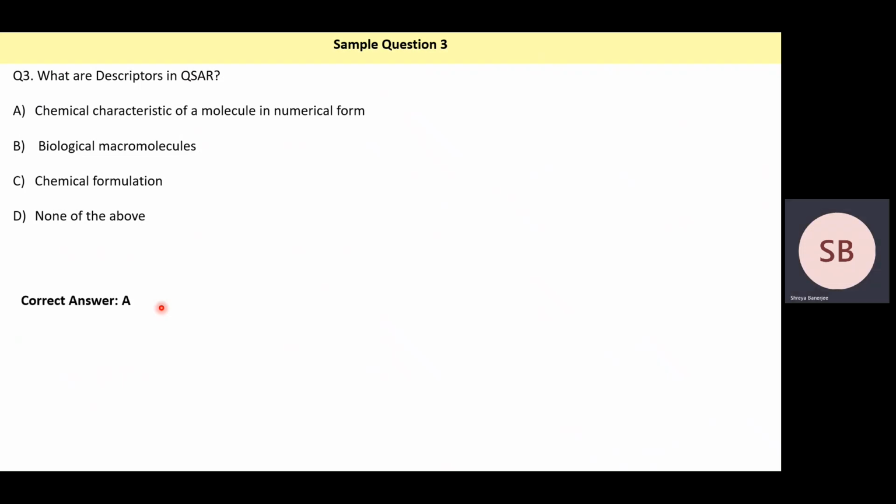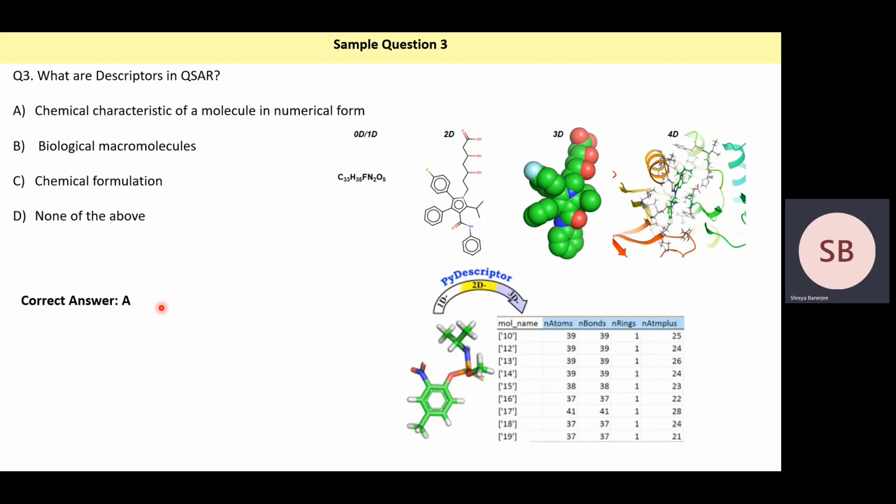So the correct answer is A. Chemical characteristic of a molecule in numerical form. If you recall, 0D or 1D descriptors are basically how many different kinds of chemical elements there are, or what is the molecular weight or atomic mass.